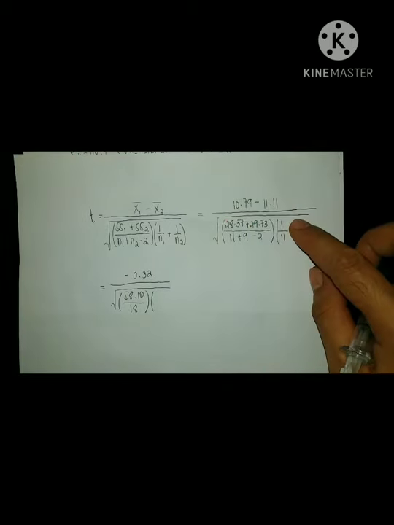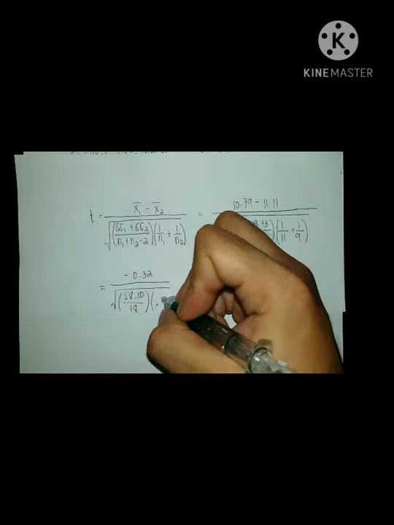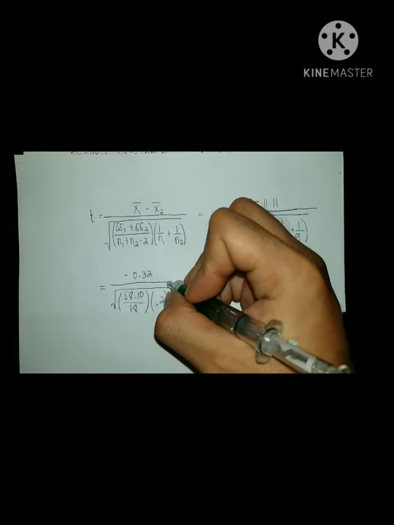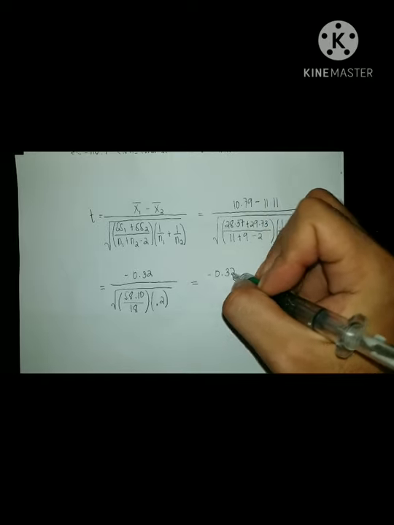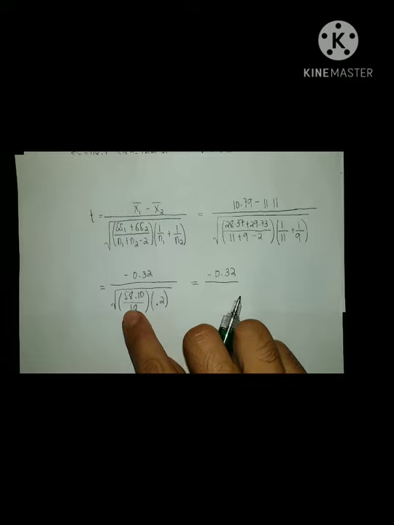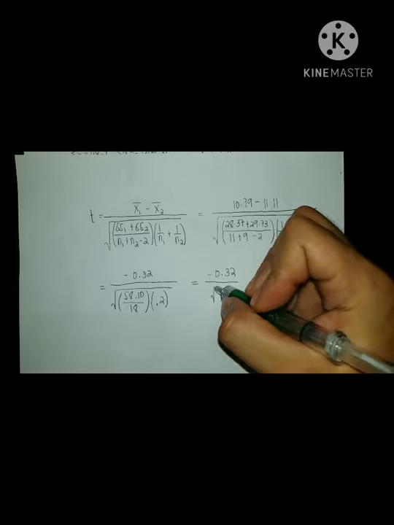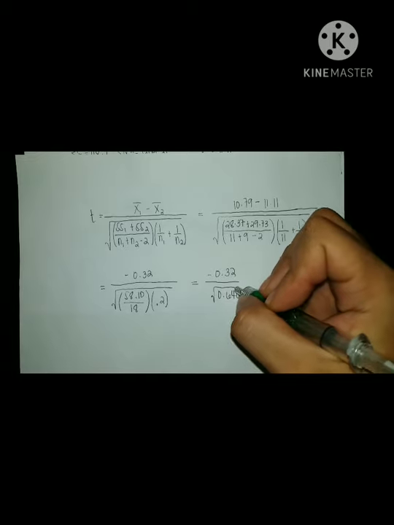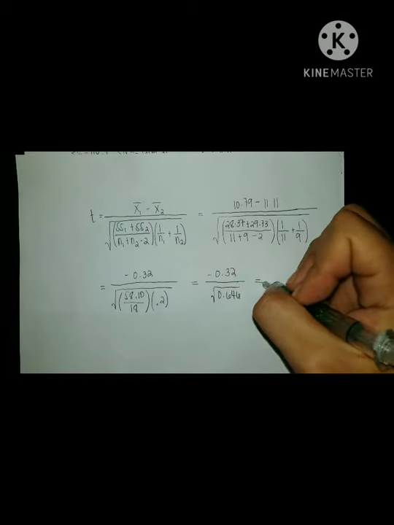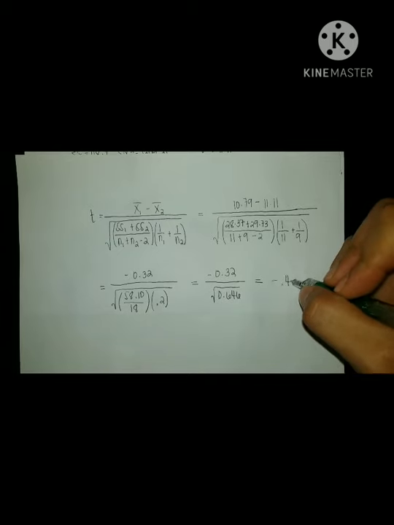Times 1 over 11 plus 1 over 9, which is equal to 0.2. And evaluating it further, that will be negative 0.32 over the square root of 58.10 over 18 times 0.2, which is the square root of 0.646. Then that will now be equal to negative 0.40.